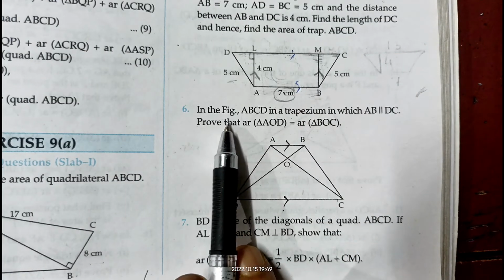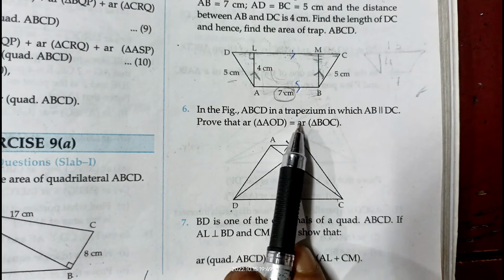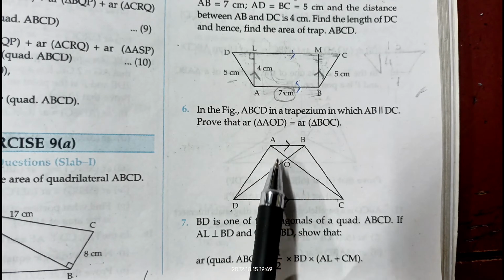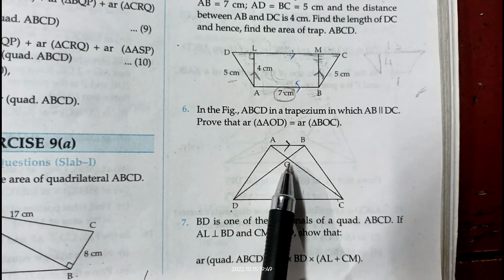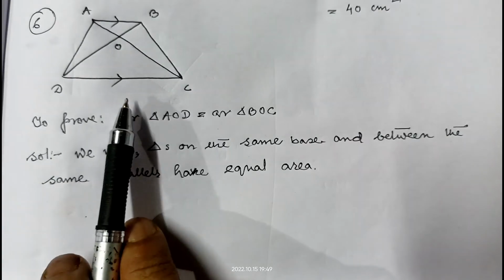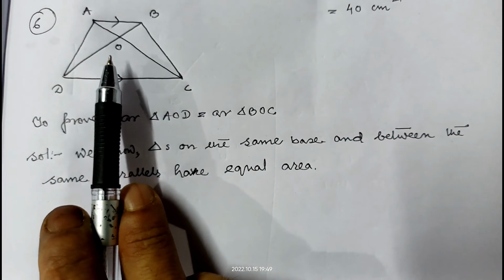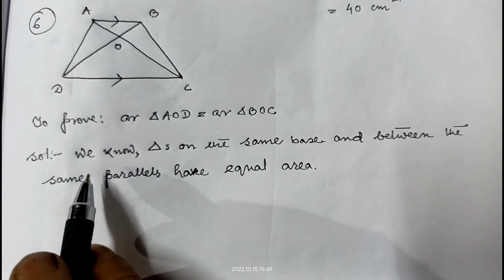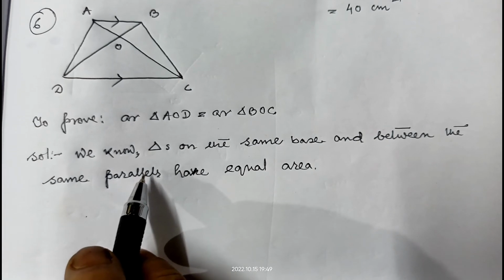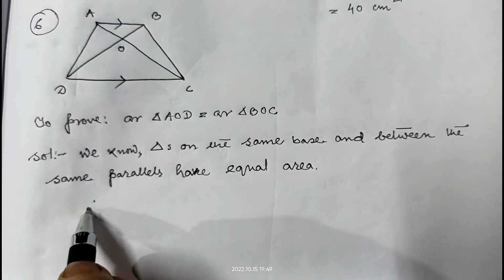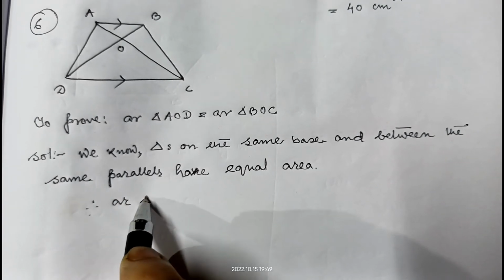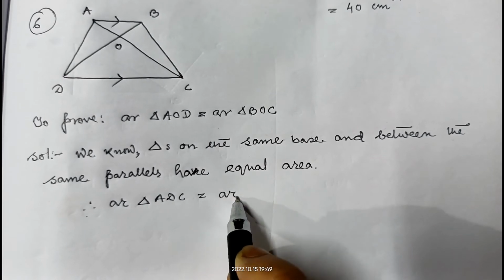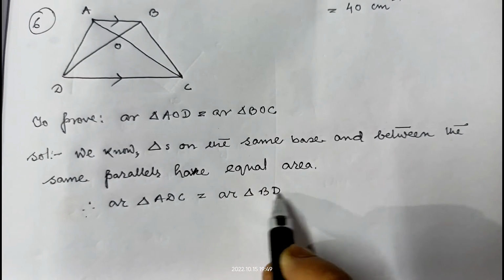Question number 6. In the figure, ABCD is a trapezium in which AB is parallel to CD. We have to prove that area of triangle AOD equals to area of triangle BOC. In this sum, we have to show that areas of these two triangles are equal. We know triangles on the same base and between the same parallels have equal area. Therefore, area of triangle ADC equals to area of triangle BDC.